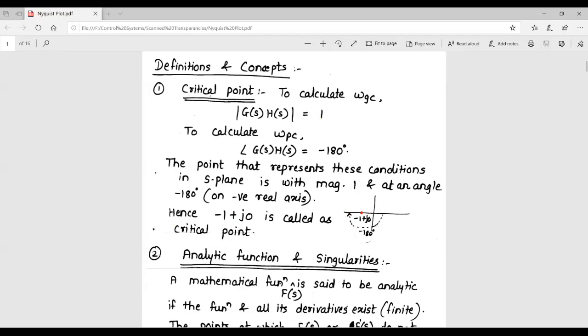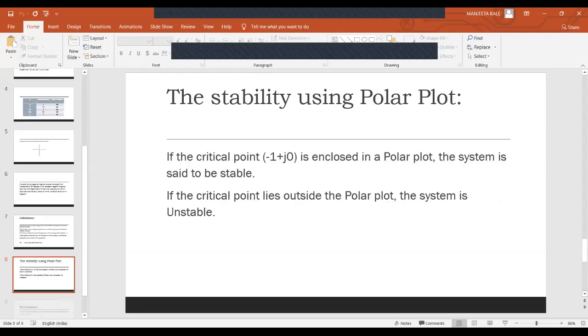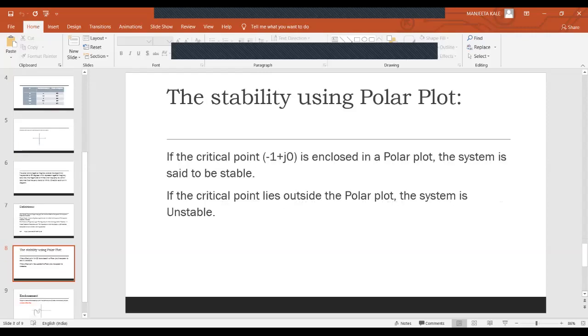Now we will see, suppose we have a polar plot. Till now we have seen how to sketch a polar plot, how omega GC and omega PC are located, and then what the critical point is. Now we will see the criteria which describes whether the system is stable or unstable from the polar plot. Please refer to the first line on the slide.